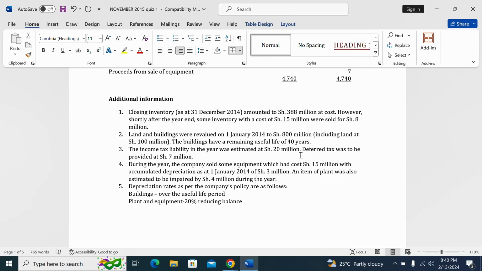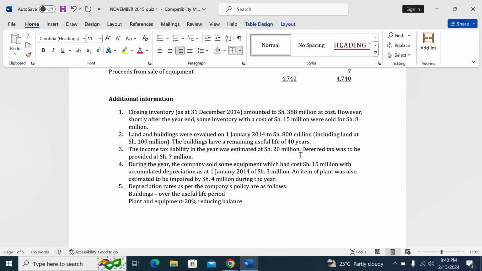Then you add the increase in deferred tax, because remember the journal entry for deferred tax, if the deferred tax increases, you credit the deferred tax account and you debit the profit and loss account. Therefore, when the deferred tax increases, your tax expense for that period also increases. Therefore, the tax expense is usually calculated as the estimated tax plus the deferred tax.